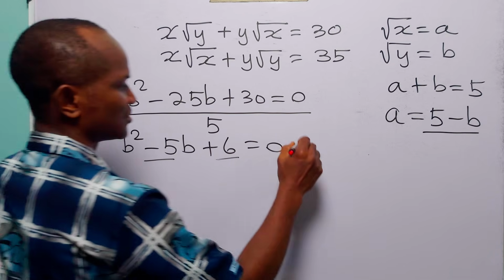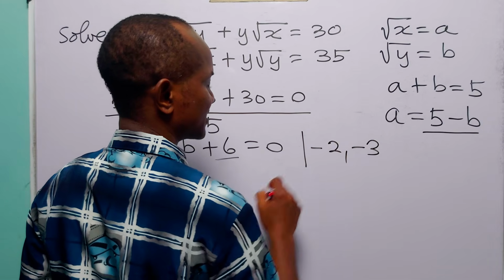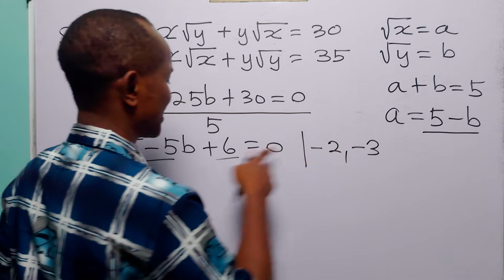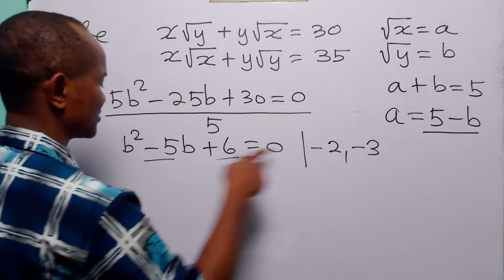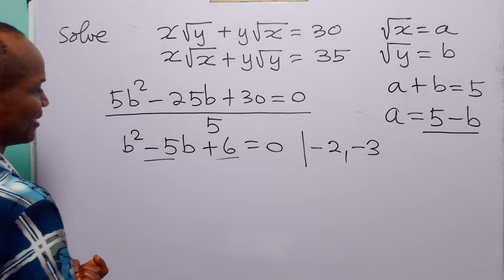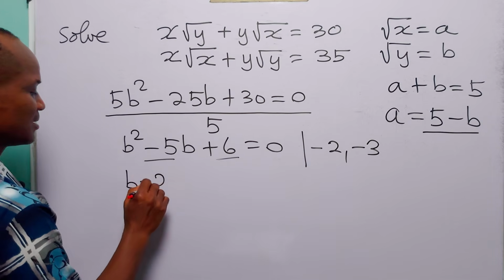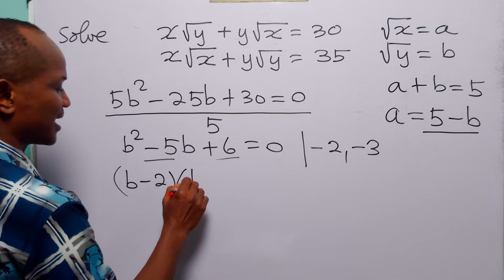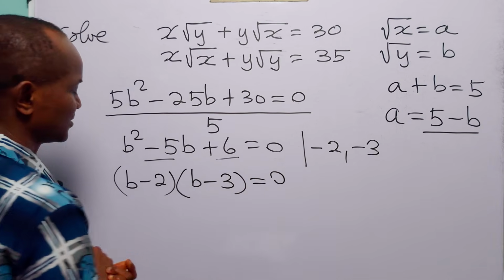And of course, those are going to be minus 2 and minus 3, because minus 2 times minus 3 is going to give us plus 6, while minus 2 minus 3 is going to give us minus 5. So when we factorize the left-hand side, we have b minus 2 multiplied by b minus 3, and this is equal to 0.